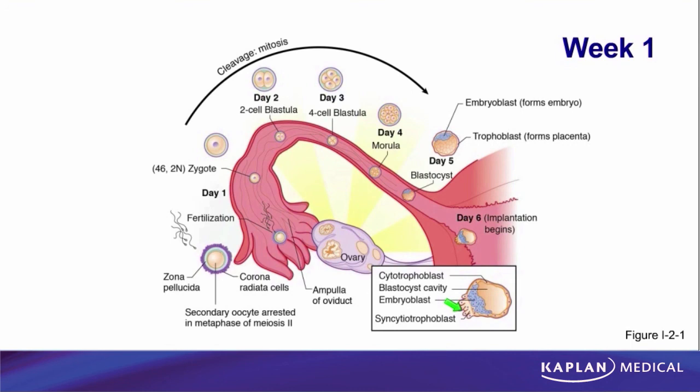The corpus luteum is what's producing progestins, and the progestins are necessary to maintain the endometrium in order to maintain the pregnancy.